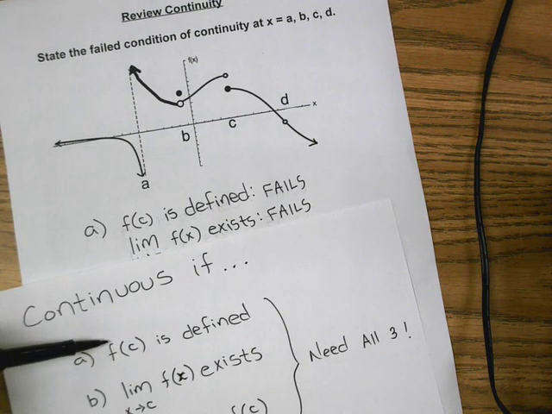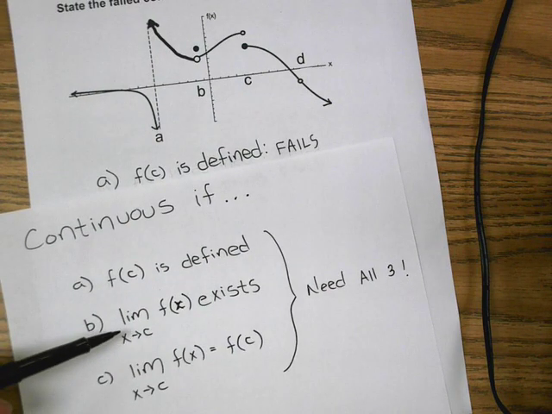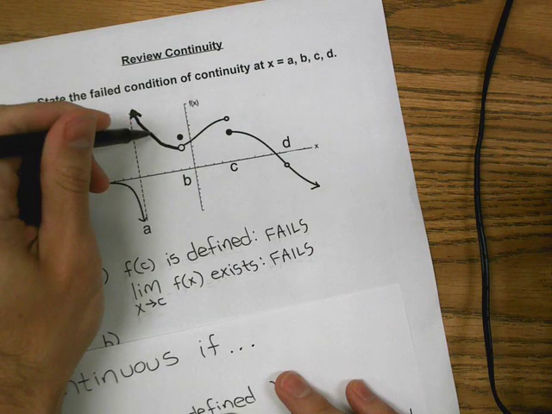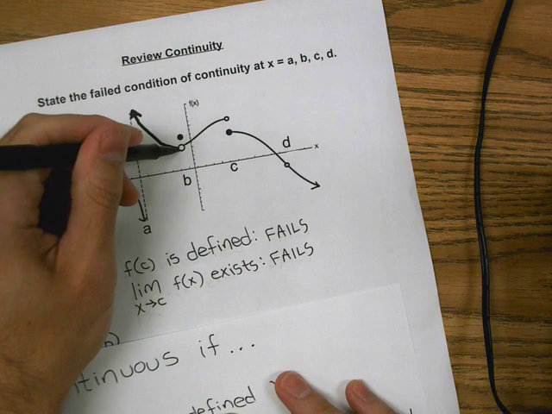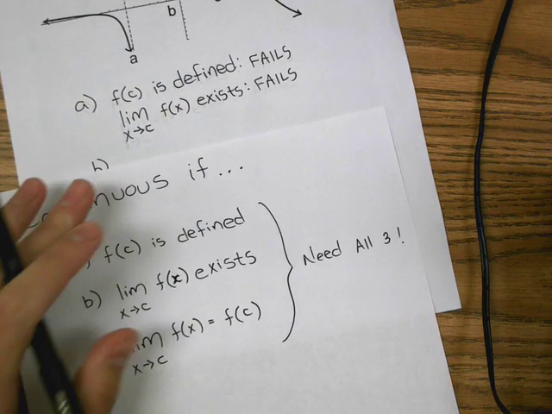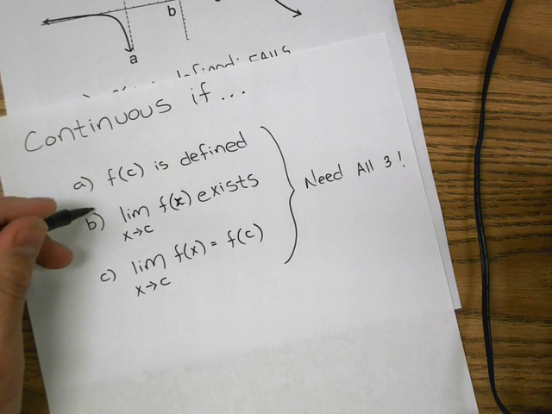So it meets this condition. Second part, does the limit exist at point B? Coming from the left side and coming from the right side, we're both approaching the same point. Even though it's an open circle, the limit still exists. So far we've met this condition and this condition.